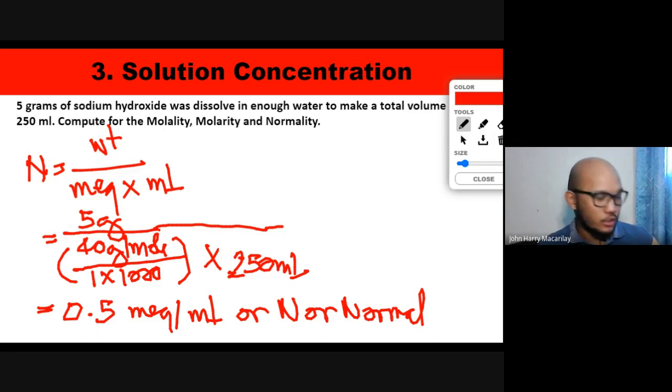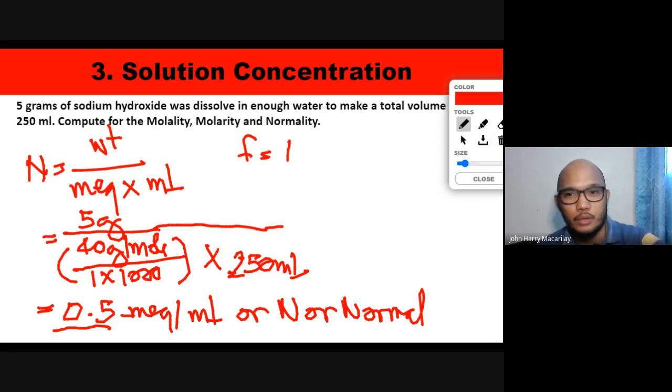Did you notice that your normality and molarity have the same answer? That is true if your factor is equivalent to 1. That means molarity equals normality if the factor is 1.